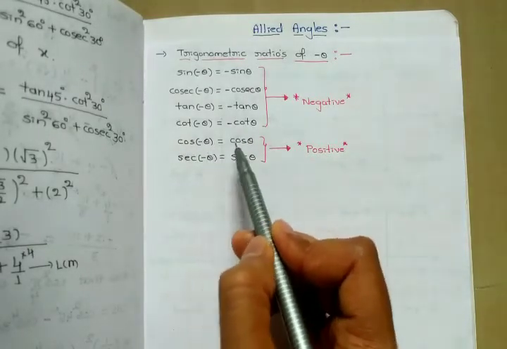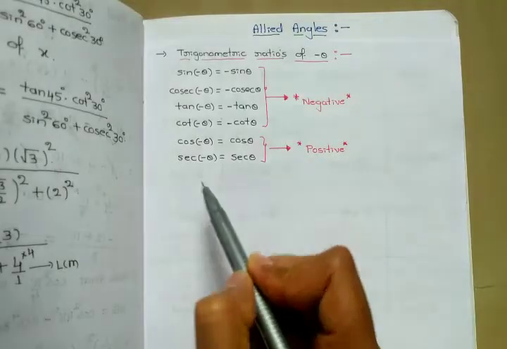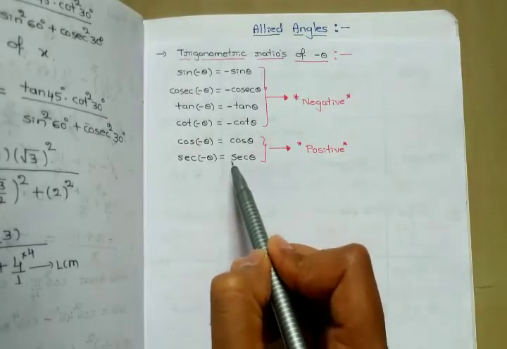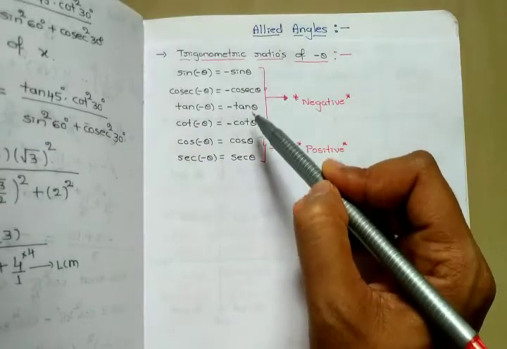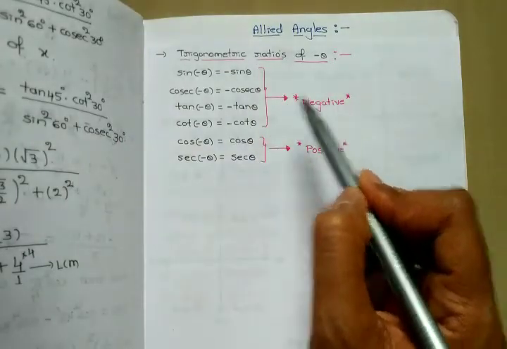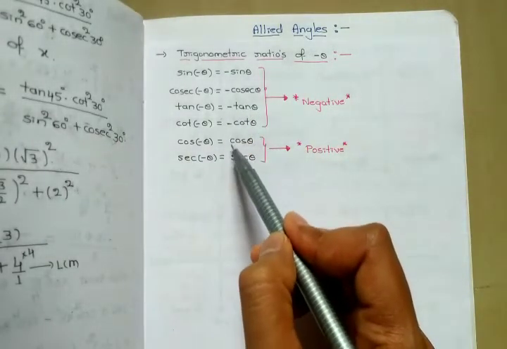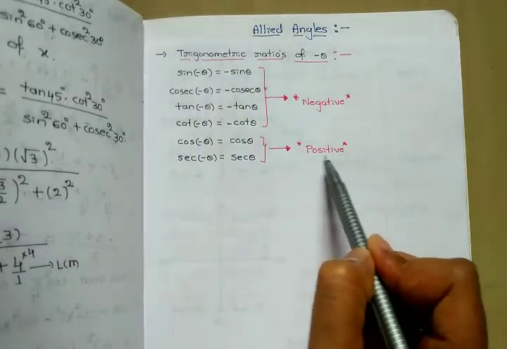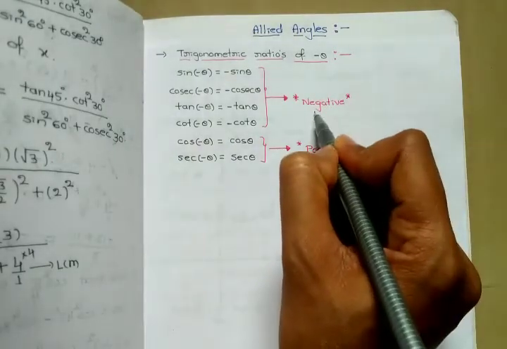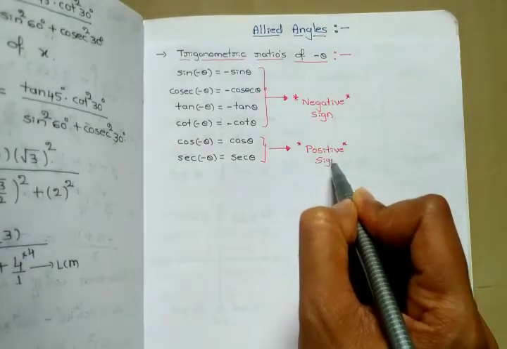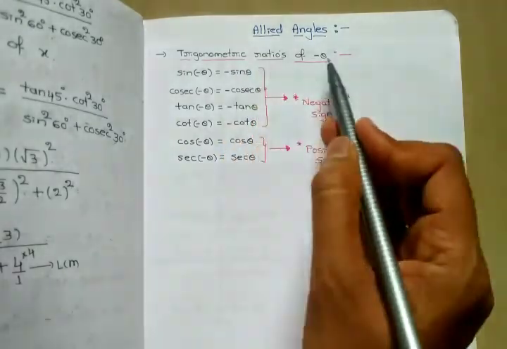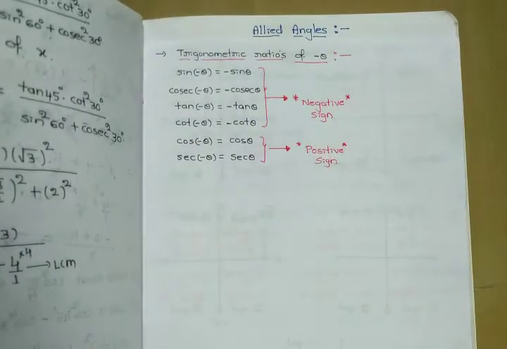Cos of minus theta is plus cos theta. Sec of minus theta is plus sec theta. Only these four get a negative sign, and the remaining two you will get the positive sign, correct? So negative sign, and here you will get positive sign in trigonometric ratios of minus theta.